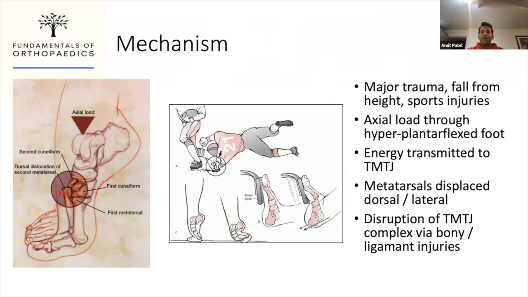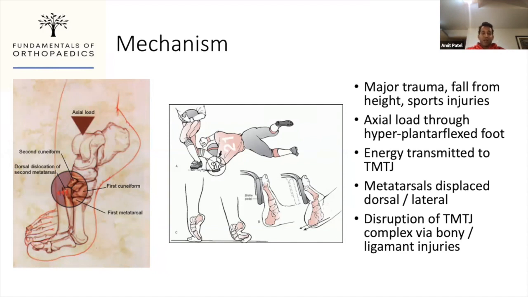So how do people get these injuries? There are a few mechanisms. The commonest mechanism that I've seen is people, through a sort of medium energy injury, putting an axial load through a hyperplantarflexed foot. So the energy is transmitted up through the metatarsal heads, through the metatarsals, through the TMTJ, and then you get disruption of the ligaments and the bones.